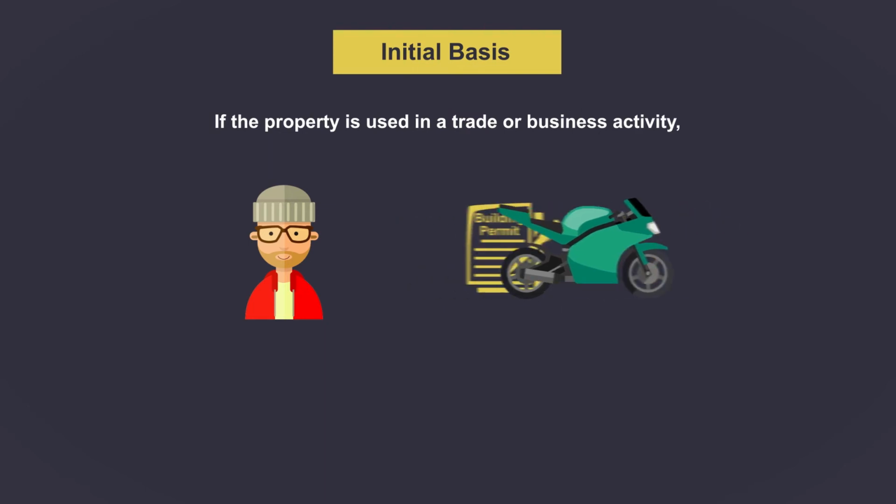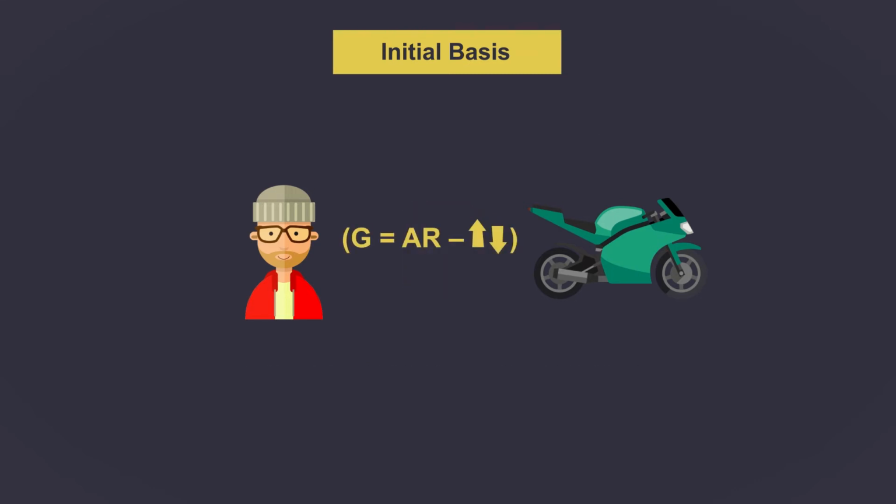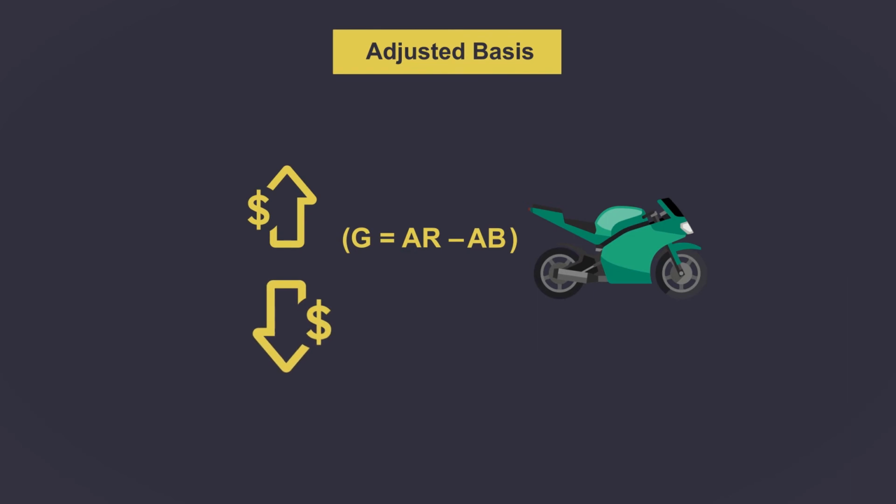If the property is used in a trade or business activity, then the basis may be adjusted downwards or decreased by depreciation deductions that the owner takes against it. After taking into account these upward and downward adjustments, the taxpayer arrives at the adjusted basis that is used in determining gain or loss on the property's disposition.